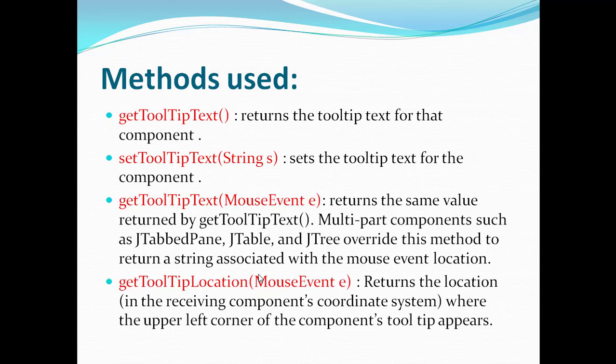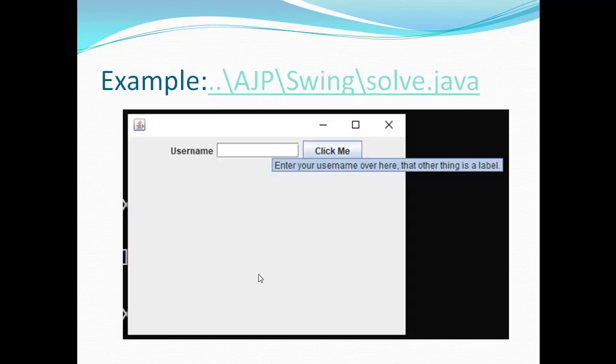Multi-part components such as JTabbedPane, JTable and JTree override this method to return a string associated with the mouse event location. getToolTipLocation(MouseEvent e) returns the location in the receiving component's coordinate system where the upper left corner of the component's tooltip appears. These are the methods provided by the tooltip class.